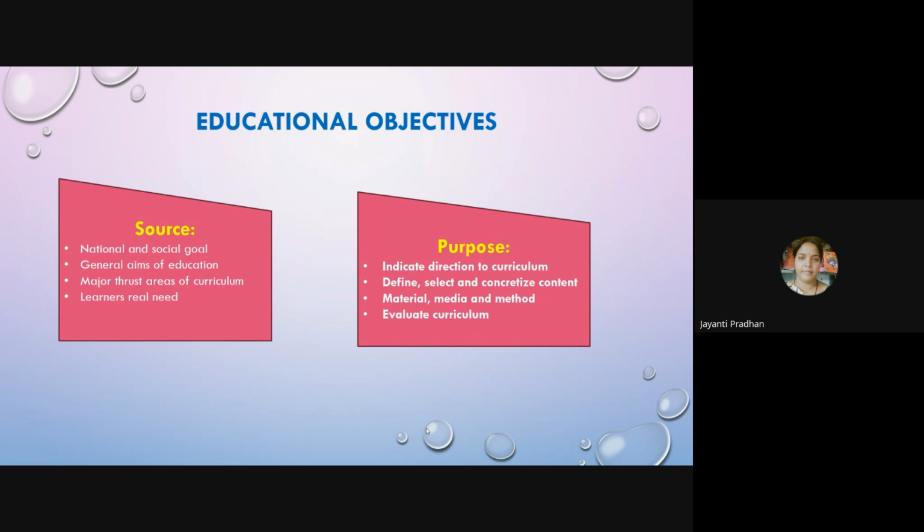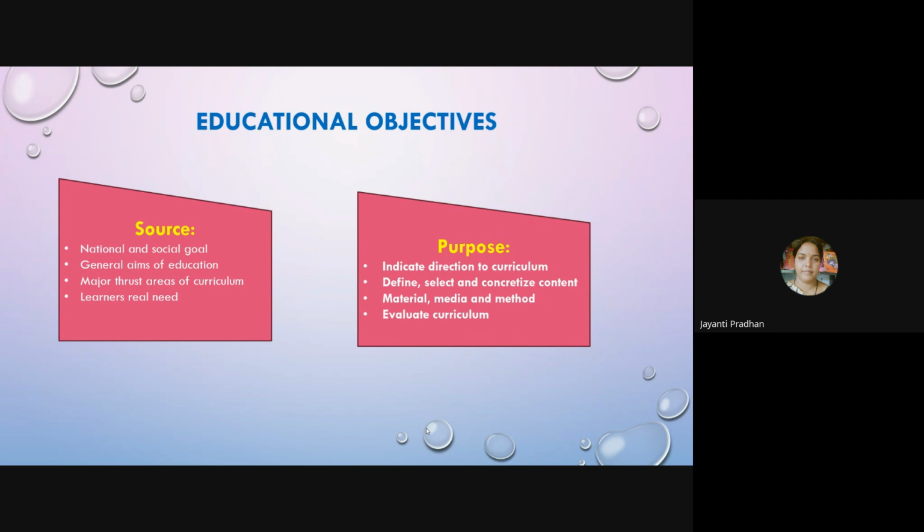That means here we want to define where the objectives come from, how we are formulating the objectives, and why we are relying on the national and social goal, the aims of education and major thrust areas of curriculum along with the learner's need, because we have already conducted the need assessment. So why again are we considering all these things?